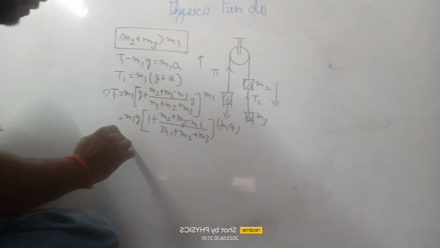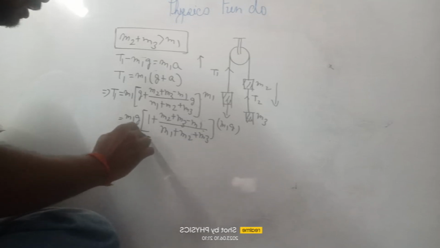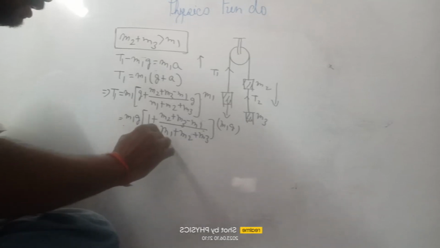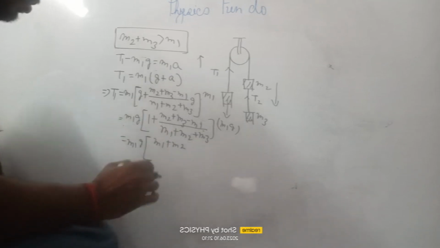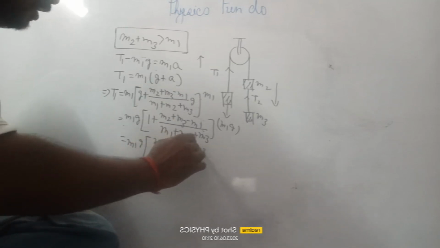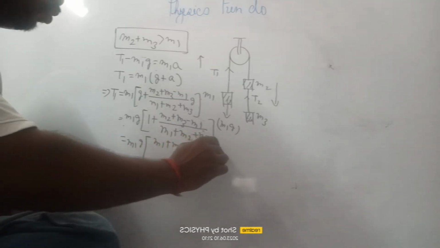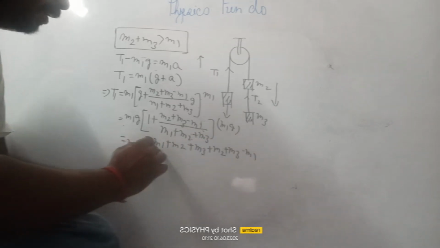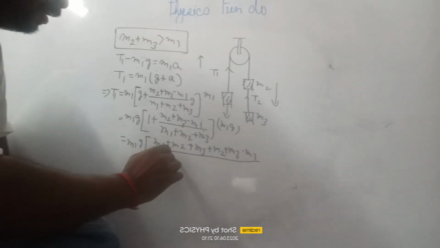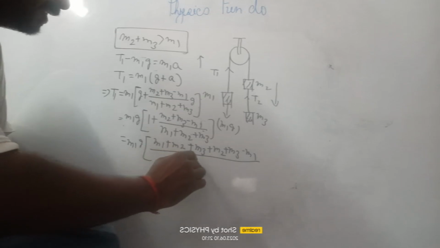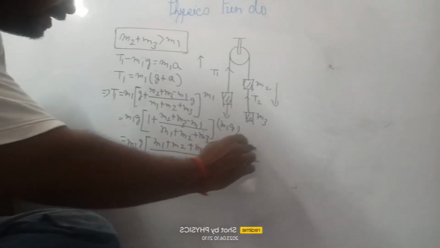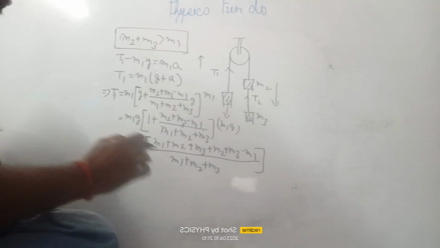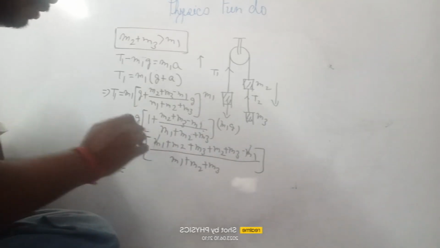Taking the LCM, m1g into (m1 plus m2 plus m3 plus m2 plus m3 minus m1) by (m1 plus m2 plus m3). So we have the m1 will cancel out.